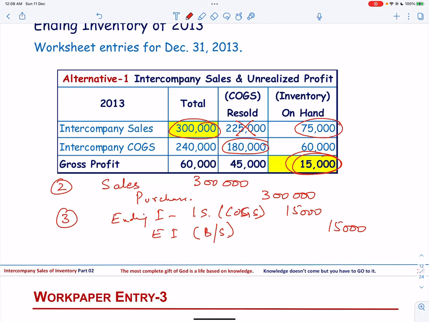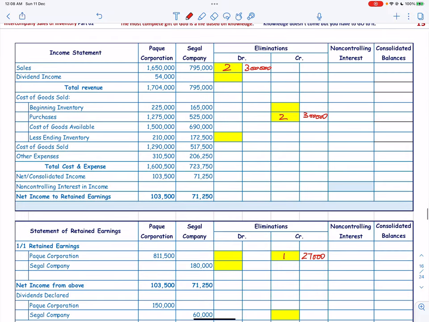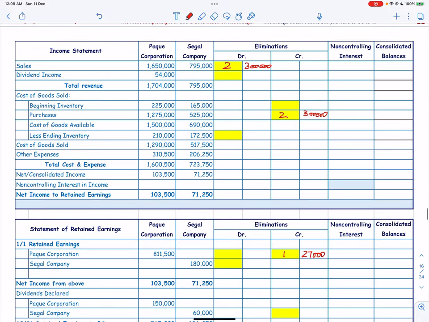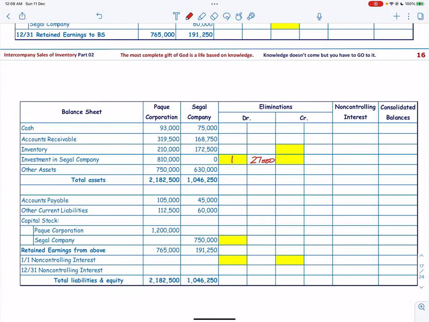And once again, I would like to record this in the consolidated financial statements. We have ending inventory, transaction number 3 for 15,000, and from the balance sheet again, ending inventory, transaction number 3, and this is going to be 15,000.